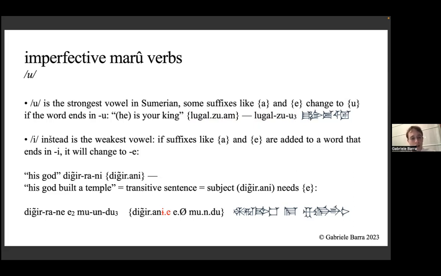So let's see a few other examples. E, instead, is the weakest vowel. If you add a to e, sometimes it will change, sometimes it will not, but in the writing it usually stays the same.